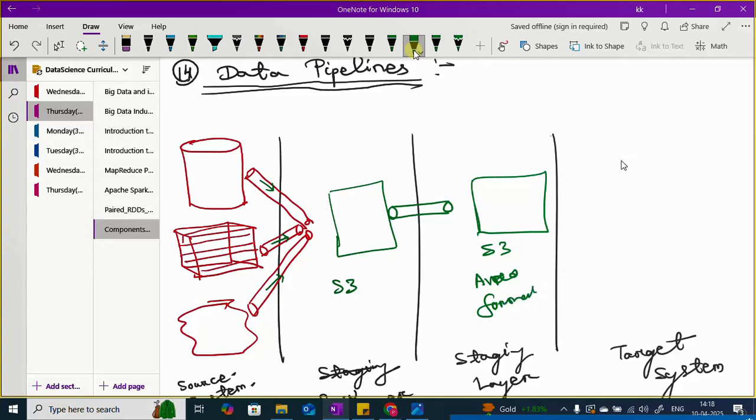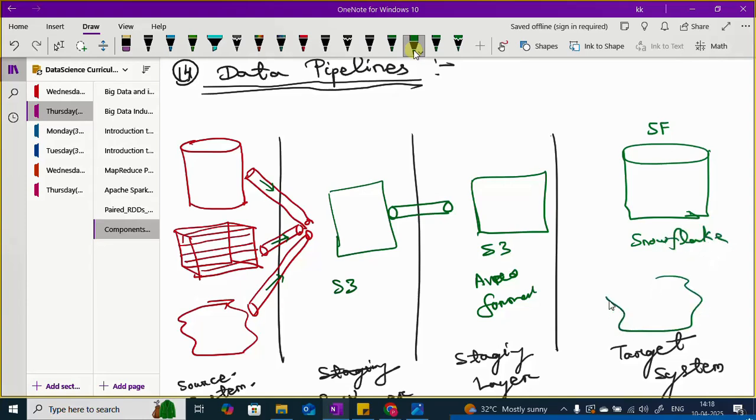And the destination maybe I can say Snowflake or any cloud-based system, like Amazon S3 also, or a Teradata system or any SQL DB, whatever it may be. So this is Snowflake. Here also data pipeline, data will flow.